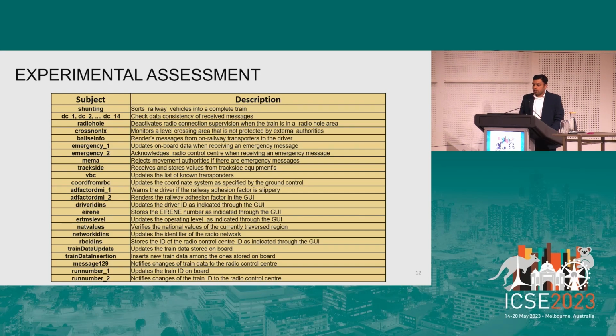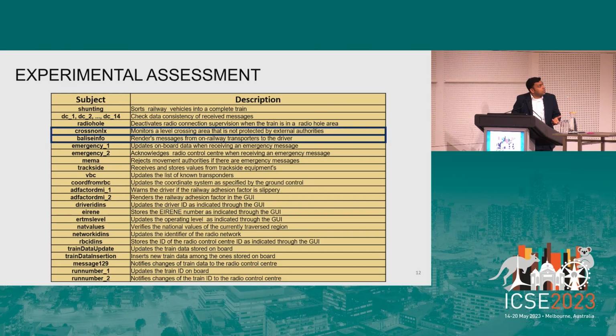So we selected 37 SCADE programs which belong to the onboard signaling unit for high-speed railway systems developed at RFI. I'll give you a few examples. For example, CrossNonLX, which we already saw as a working model, is a procedure that monitors the level crossing area that is not protected by any external authorities.